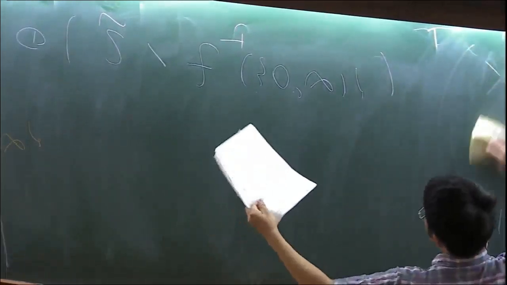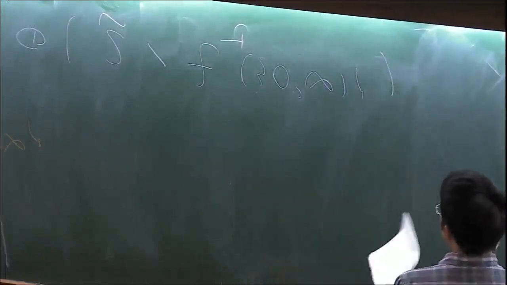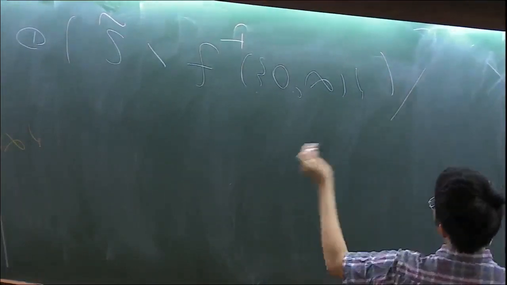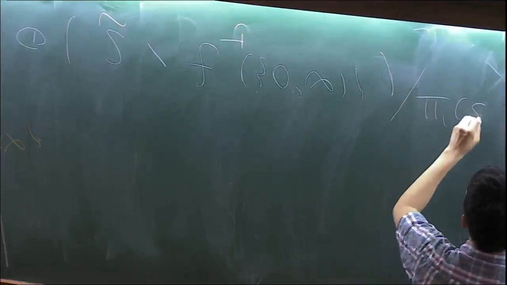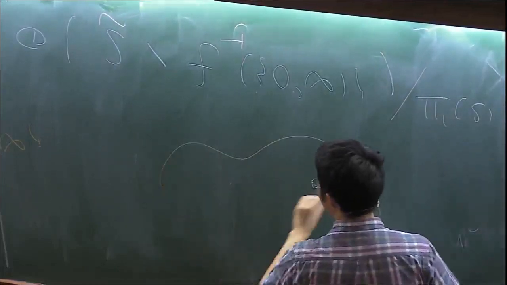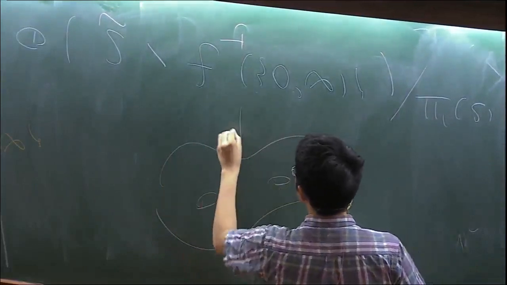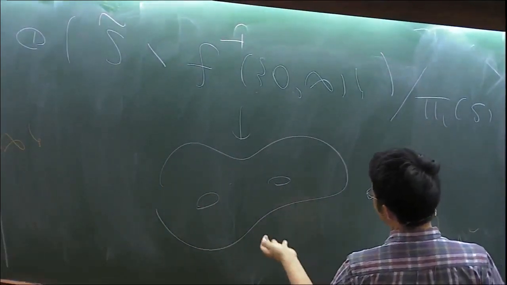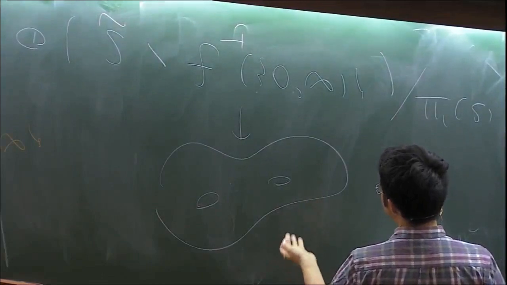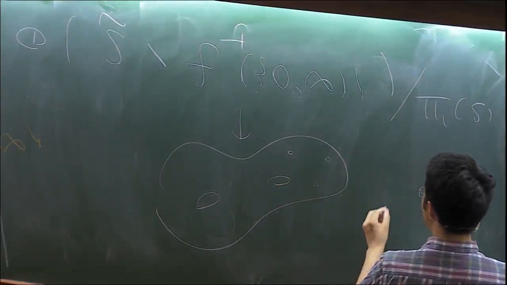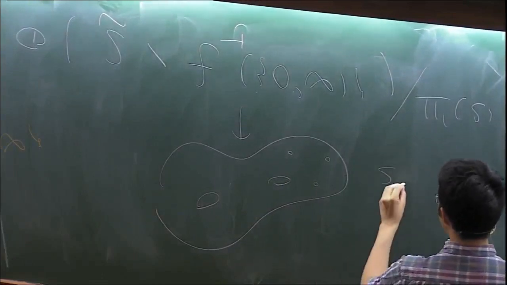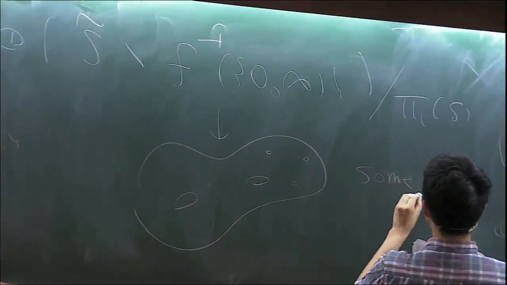So we have discrete points removed from the universal cover, but those points are invariant by the deck transformation group. By quotienting out, we have a closed surface of genus at least 2, S, with possibly some points, finitely many points, removed.